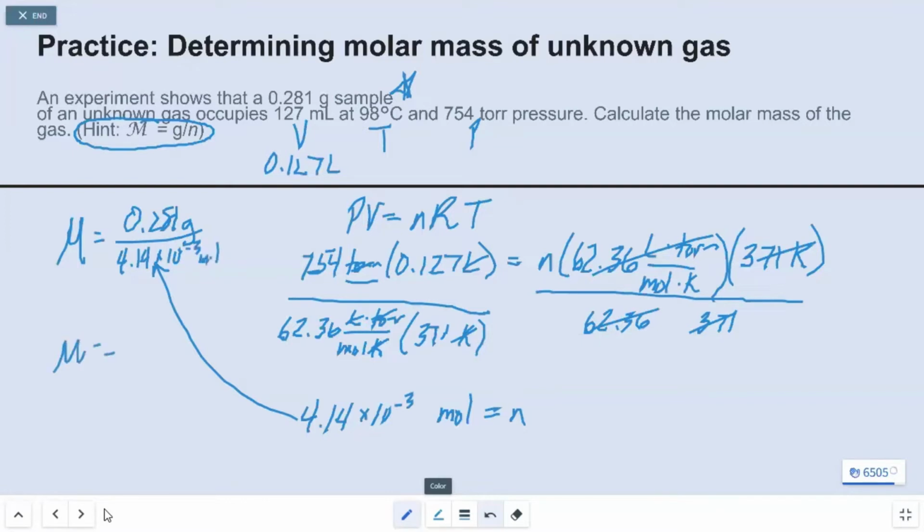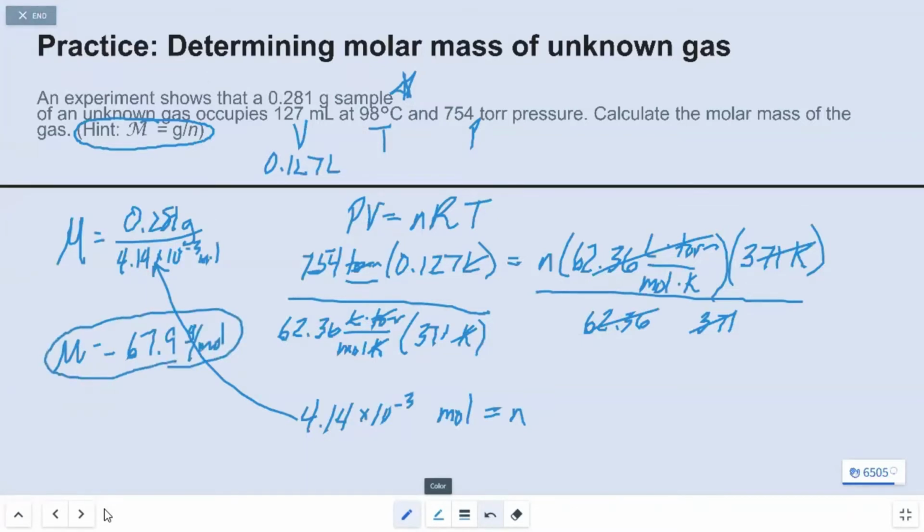Which means my molar mass, to 3 significant figures, would be 67.9 grams per mole.